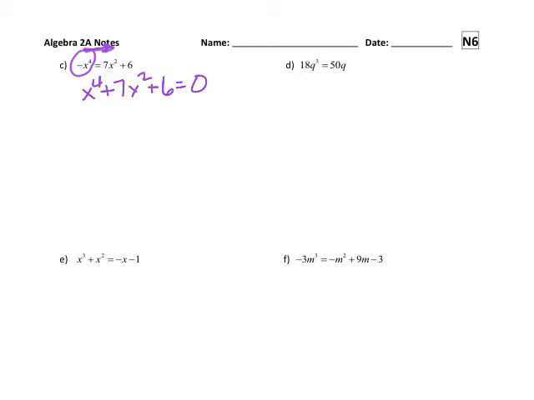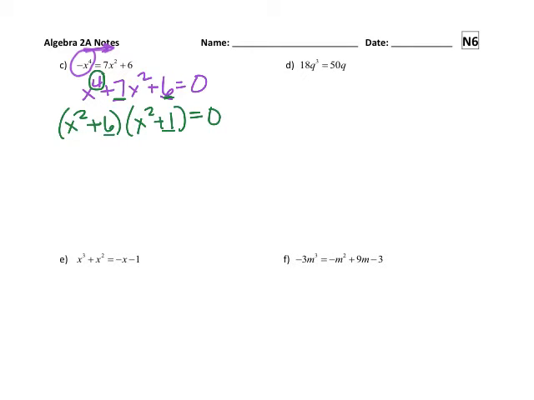So I'm looking for 2 numbers that multiply to 6 but sum to 7. And even though my exponent here is a 4, I can still do that. Remember, we can just cut it in half. So I'm going to end up with x squared plus 6 and x squared plus 1. And the reason it's 6 and 1 is because those 2 numbers multiply to 6 but sum to 7. And that's going to equal 0.